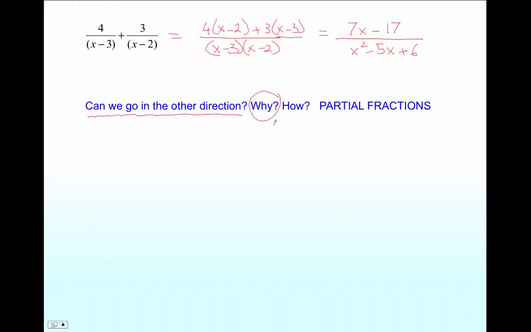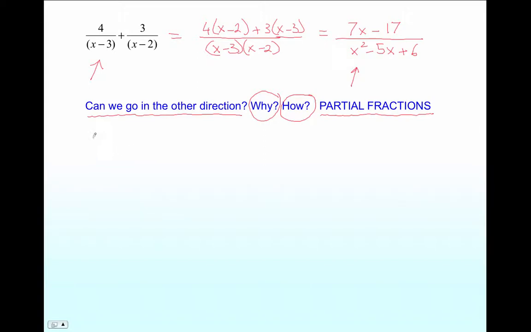Well, that's because this expression over here is in some ways easier to deal with than this expression over here. How we are going to do that is going to be the subject of the next few minutes of this lecture, and we are going to learn about partial fractions.